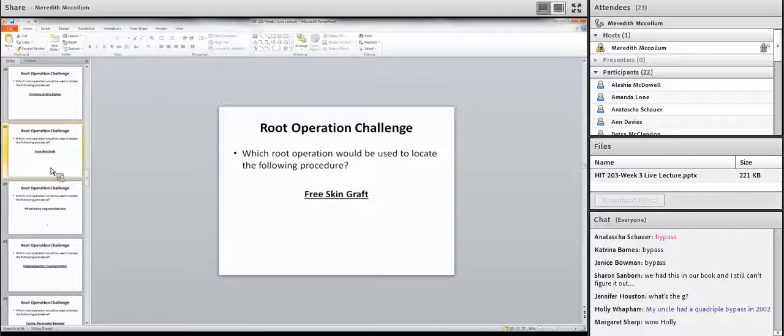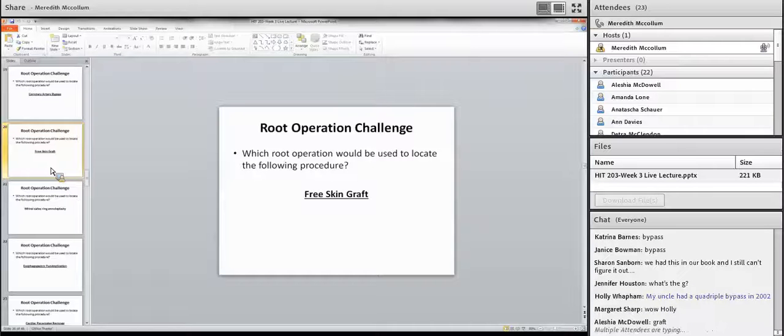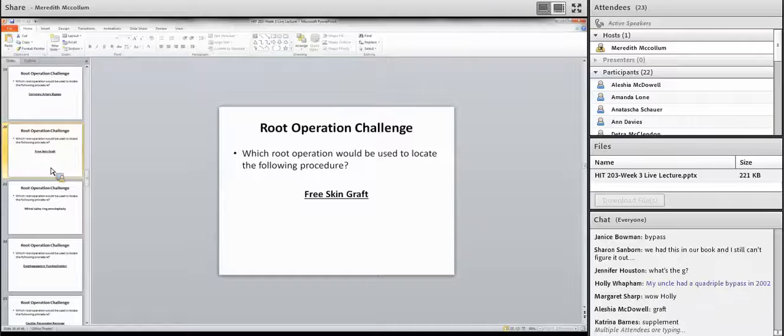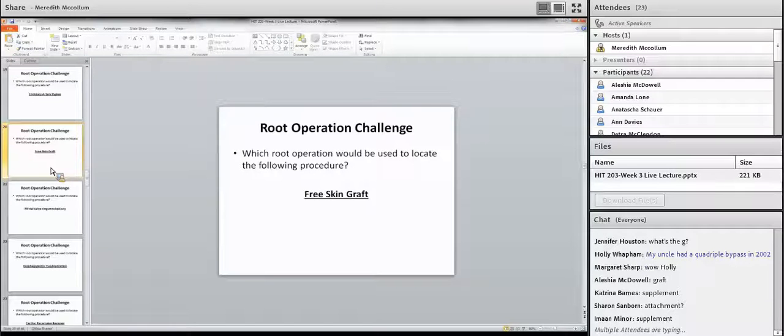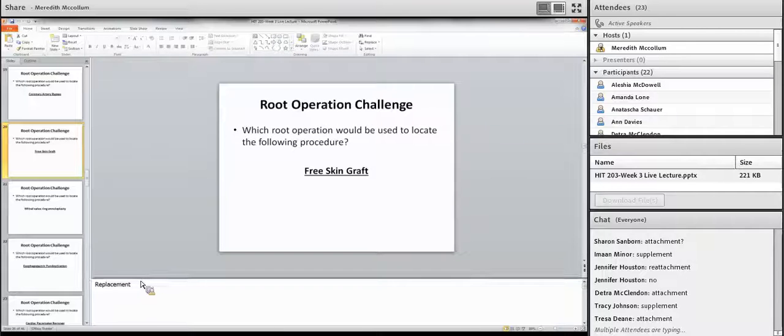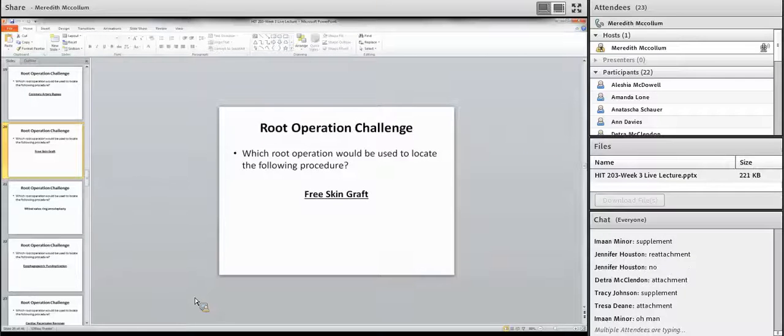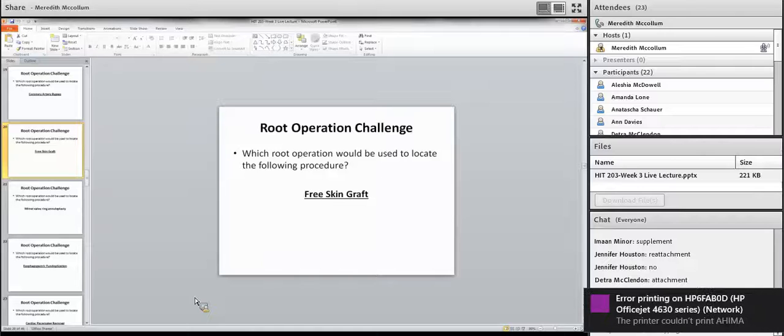Okay, free skin graft. And a graft is not a transfer. It's actually a replacement. They are taking the graft and putting it onto a whole other area of the body.